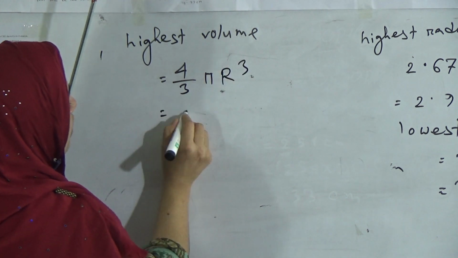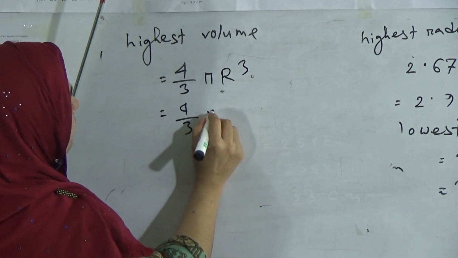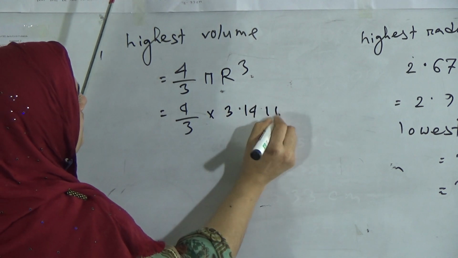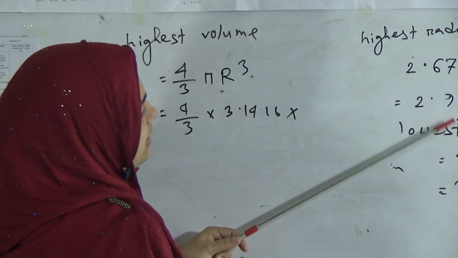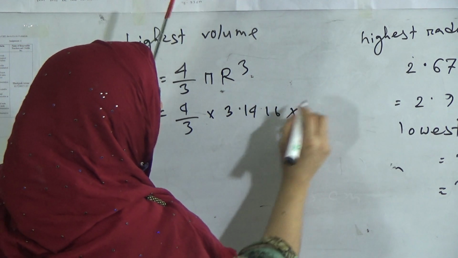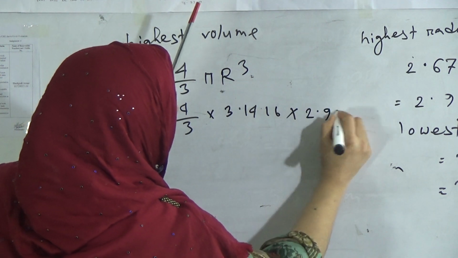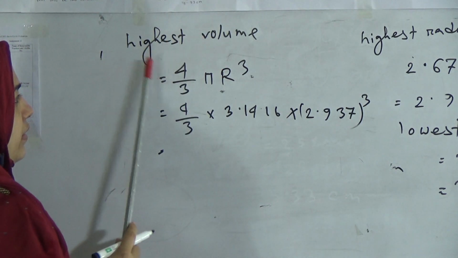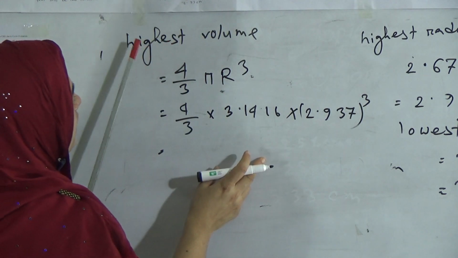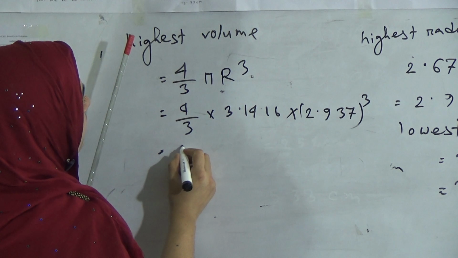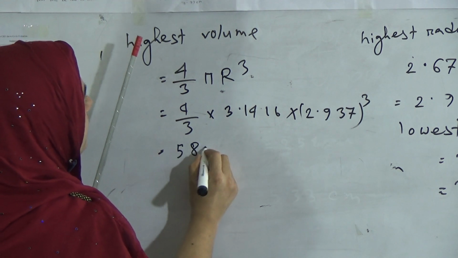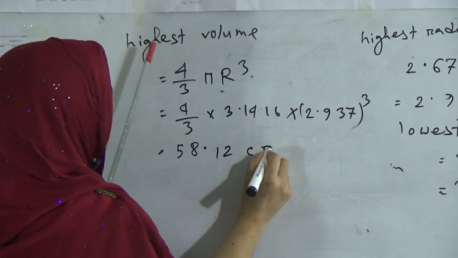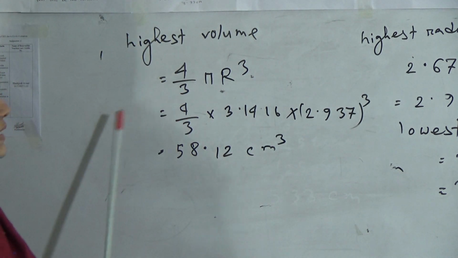So 4/3 pi means 3.1416 into r means 2.937 whole cube. Okay, this is the highest volume. So by doing this calculation, we will find out 58.12 centimeter cube. Okay, this is the highest volume.